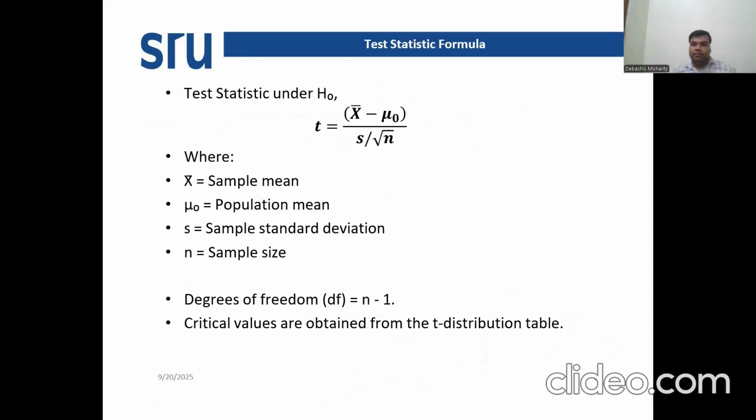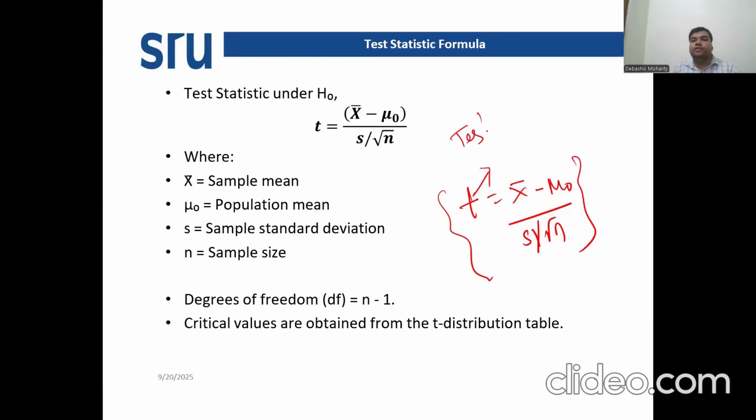So students, after that, very important, that is the test statistic formula. Under the null hypothesis H0, the formula is t equals x bar minus mu naught divided by s divided by square root of n.